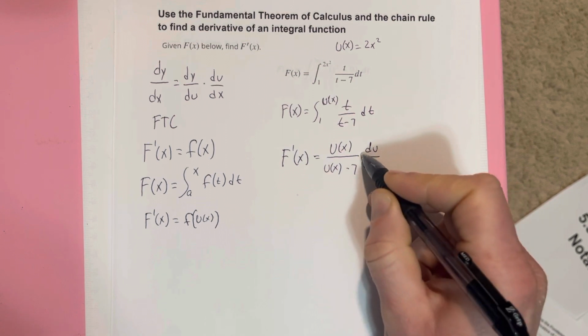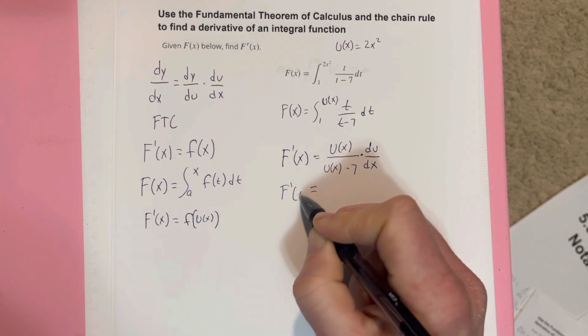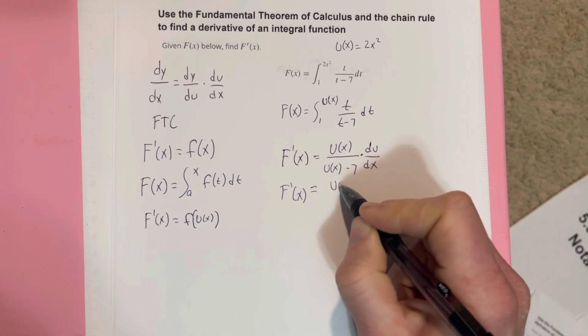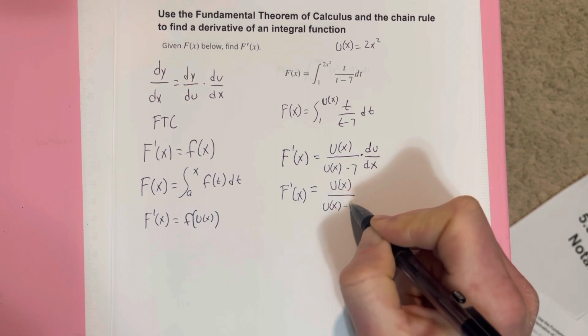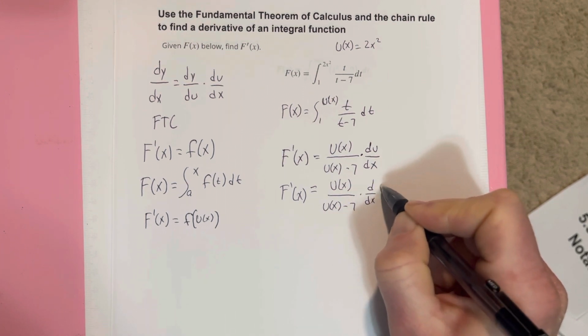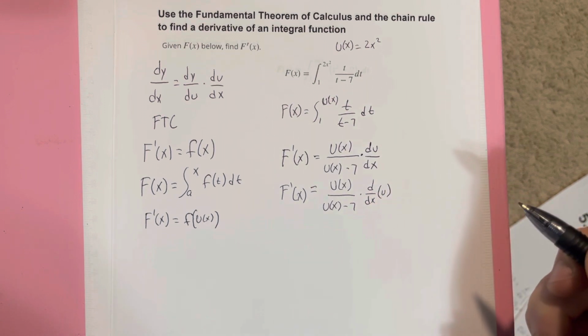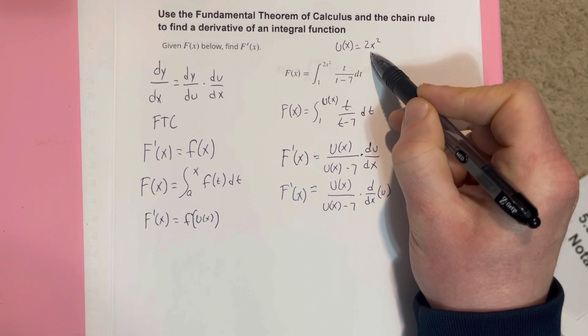So then I'm going to use a little tricky substitution here, and I'm going to say that F prime of x is equal to u of x over u of x minus 7, and this is really d over dx of u. Well, I know what u is. u is 2x squared.